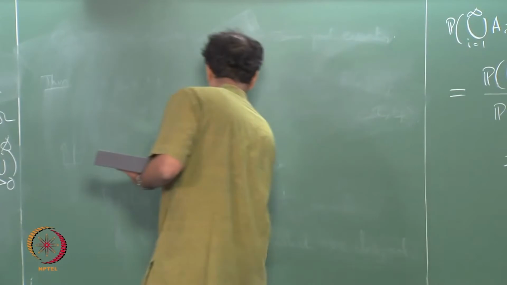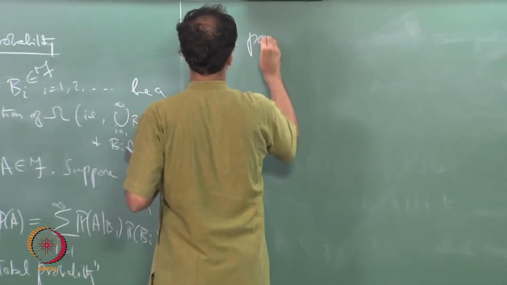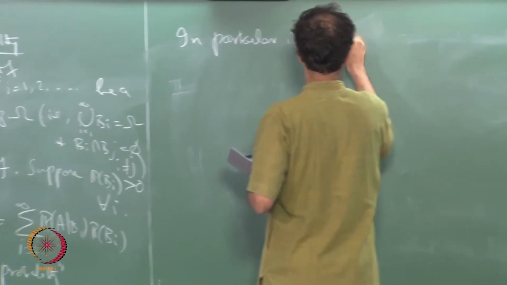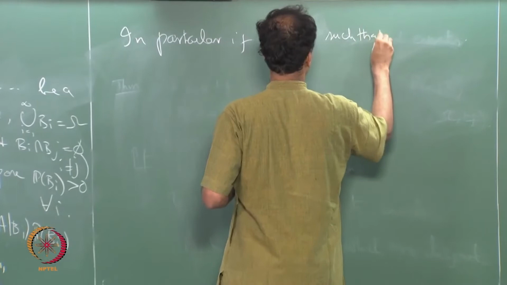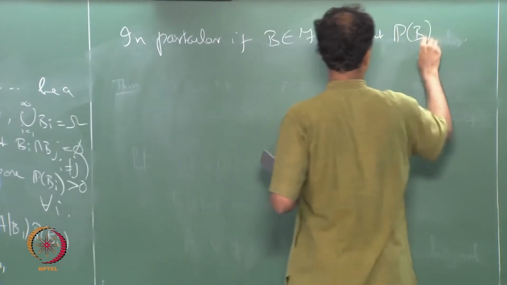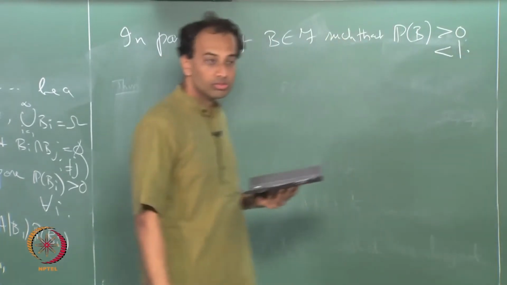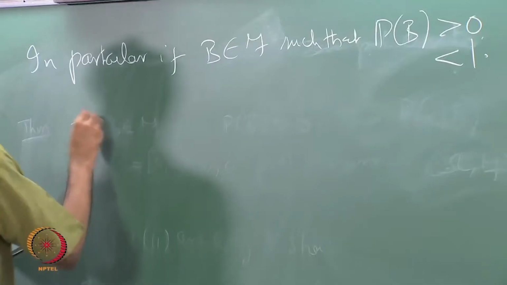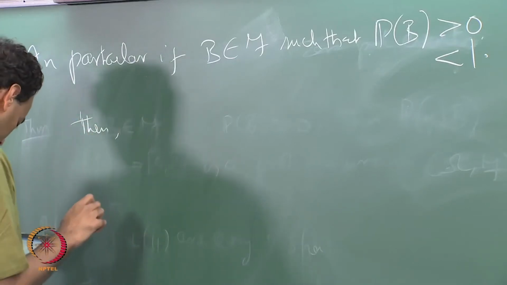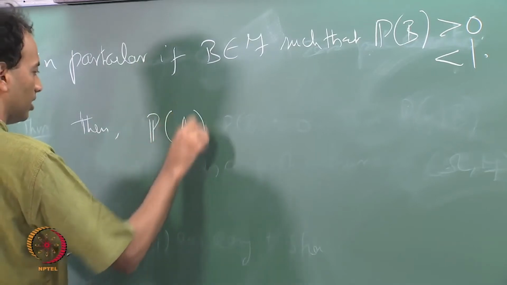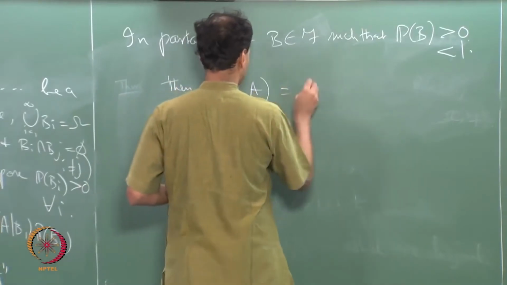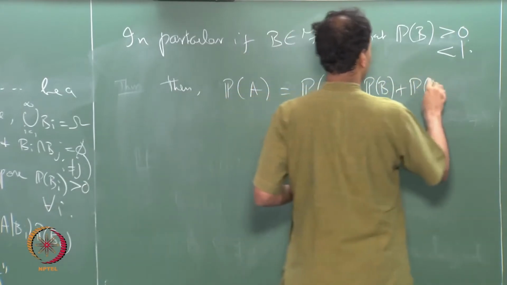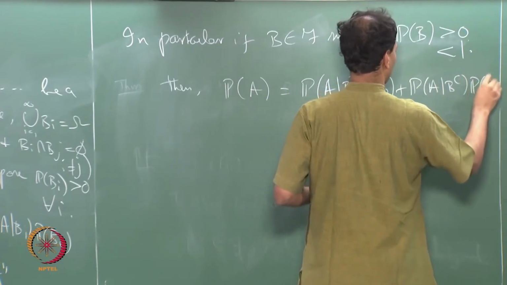So, in particular, if B is in F such that 0 is less than probability of B, less than 1, then probability of A, any F measurable set, can be written as probability of A given B times probability of B plus probability of A given B complement times probability of B complement.